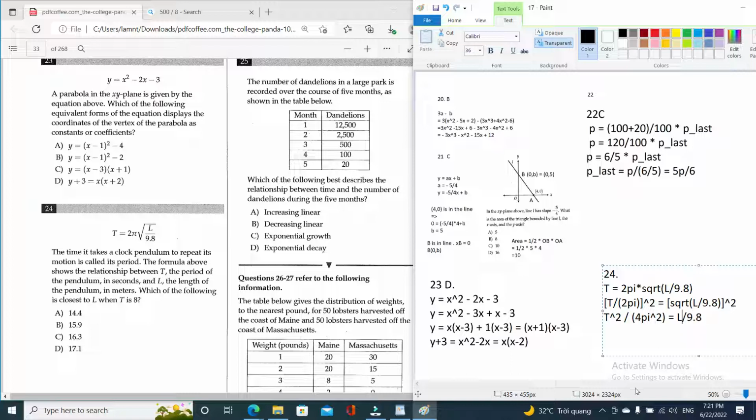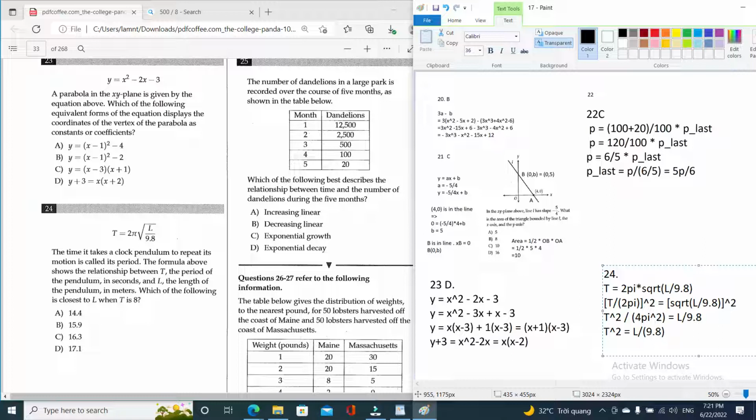So T squared is equal to L over 9.8 times 4 pi squared.